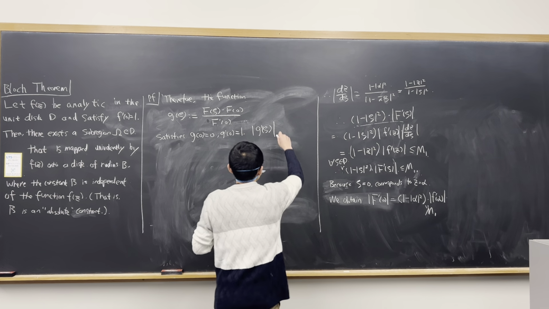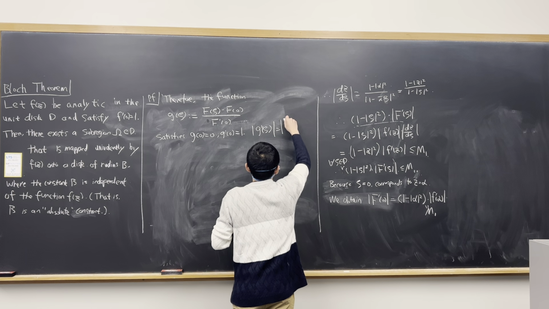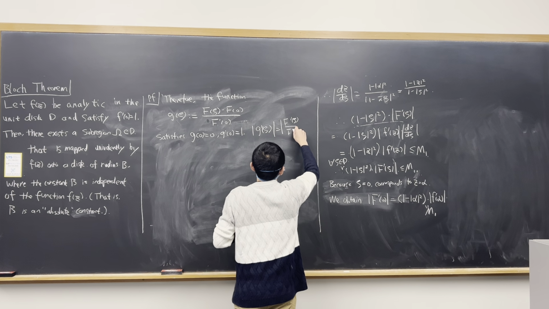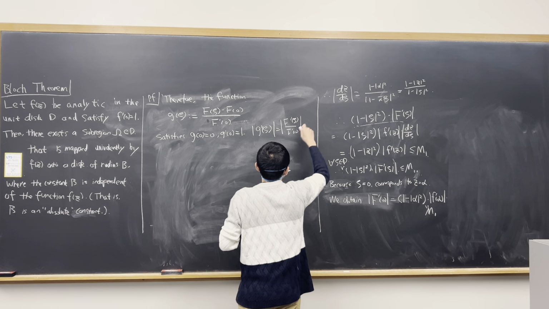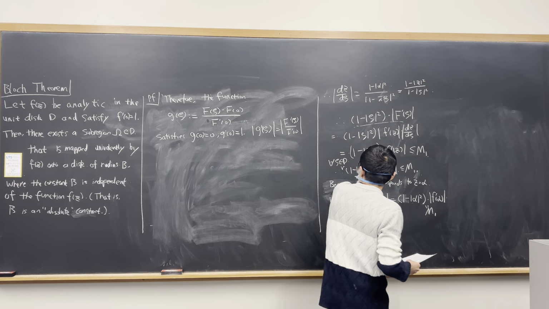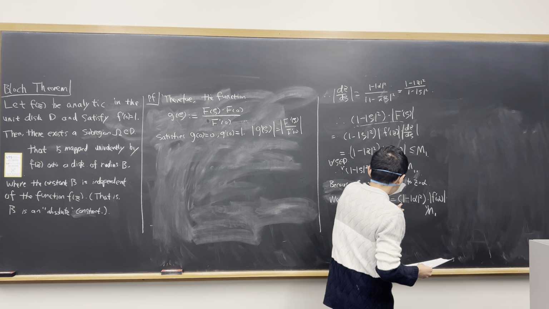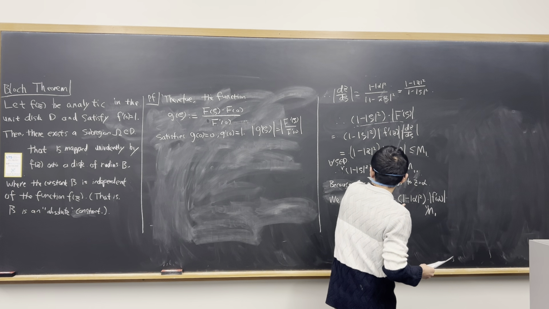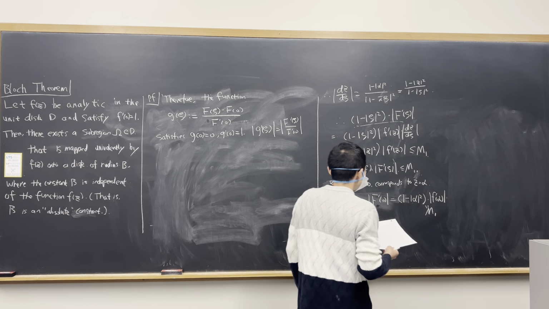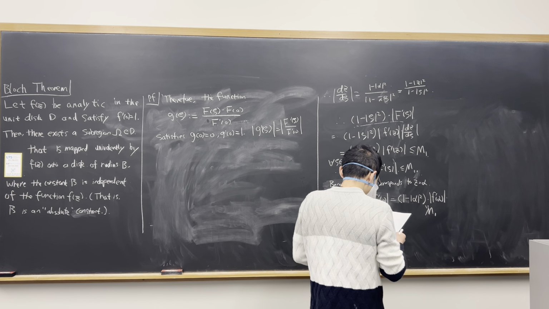So which is the modulus of f prime zeta over f prime 0. Remember that the modulus of f prime 0 is equal to 1 minus alpha times f prime alpha.